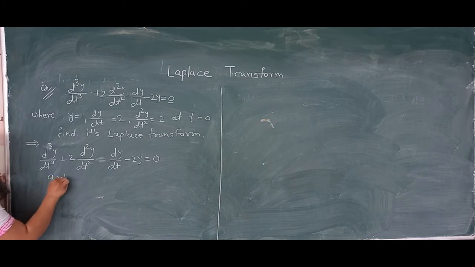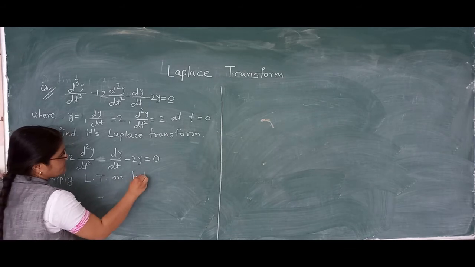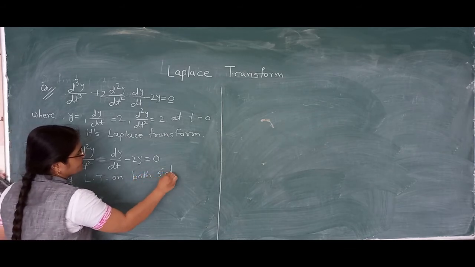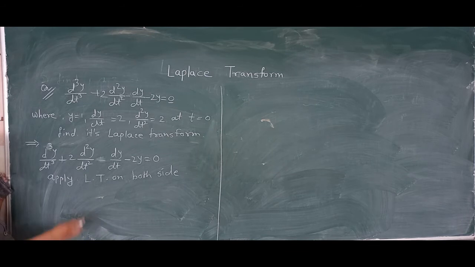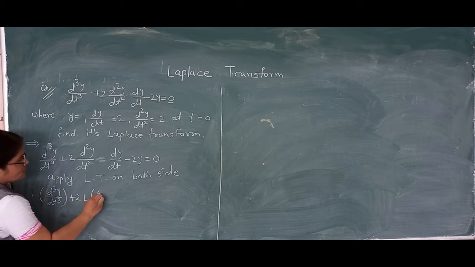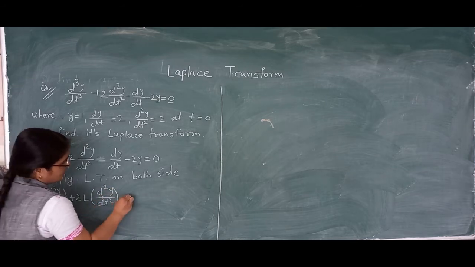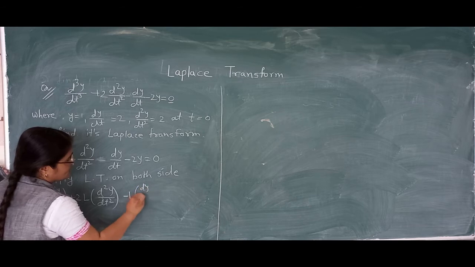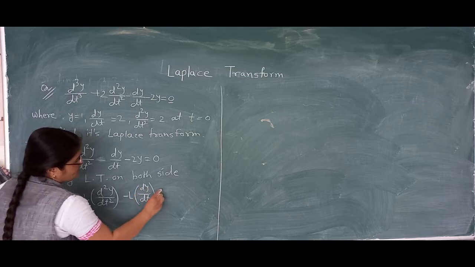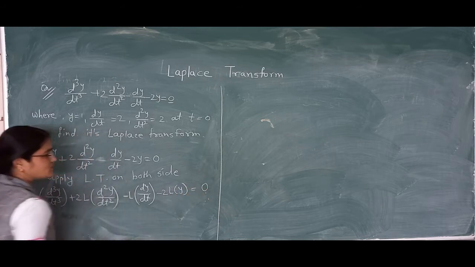Apply Laplace transform on both the sides. So Laplace of d cube y upon dt cube plus 2 into Laplace of d square y upon dt square minus Laplace of dy upon dt minus 2 into Laplace of y equal to 0.